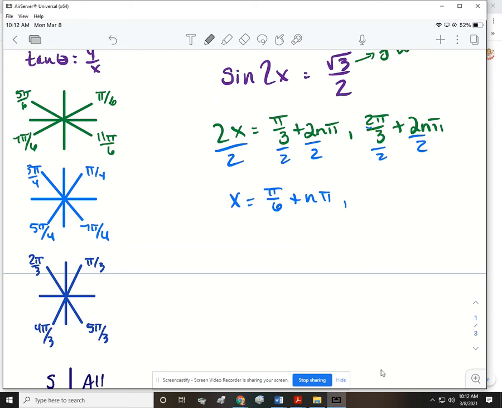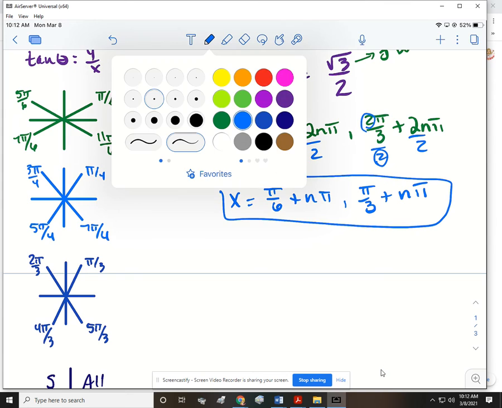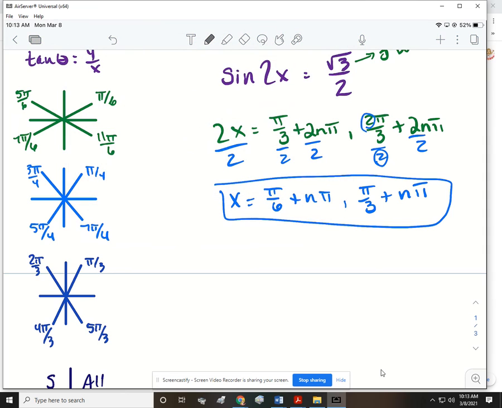We can just go ahead and divide this 2 by 2 and get pi over 3. If you didn't want to do it that way, you could still do a sixth. It would be 2 pi over 6, which reduces to pi over 3.